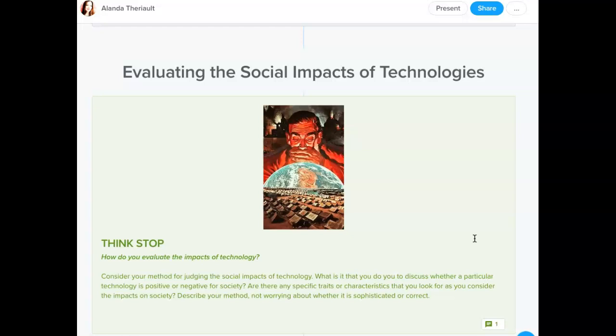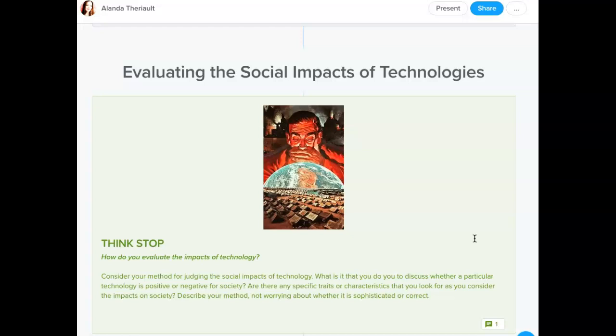You may write out or let us know if there are any specific traits or characteristics that you look for as you consider these impacts. And as you describe your method, don't worry too much whether it's too simplistic or not sophisticated enough or not the right way of doing things. There really isn't.